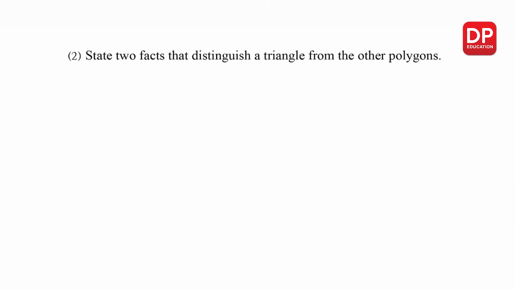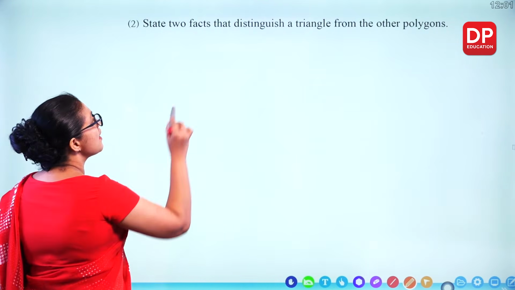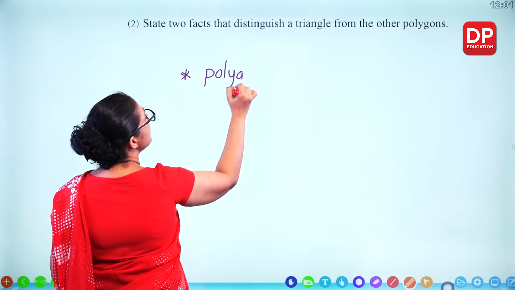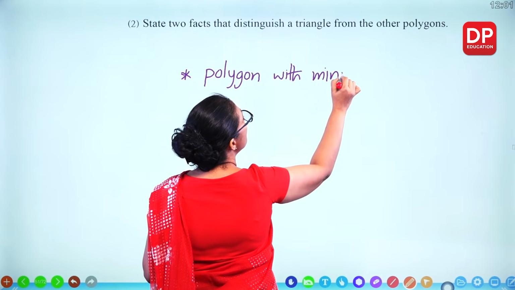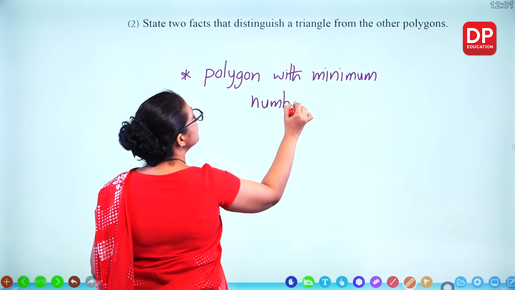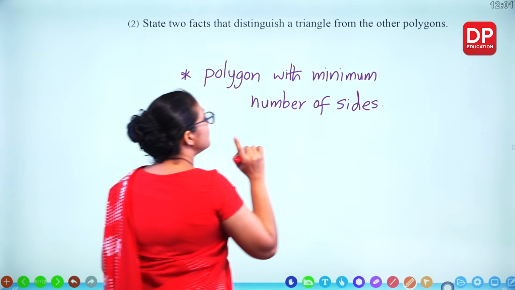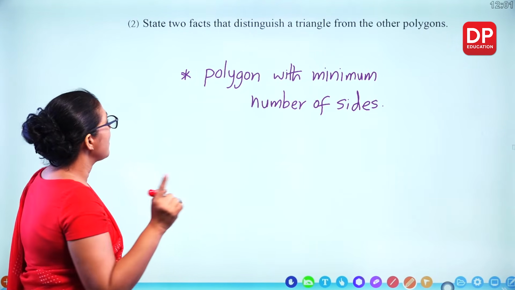State 2 facts that distinguish a triangle from the other polygons. So when you take a triangle, that's the polygon with minimum number of sides. And then you can't get a reflex angle in a triangle.